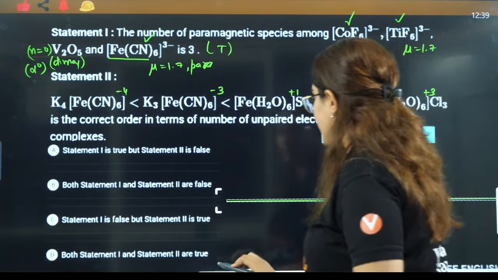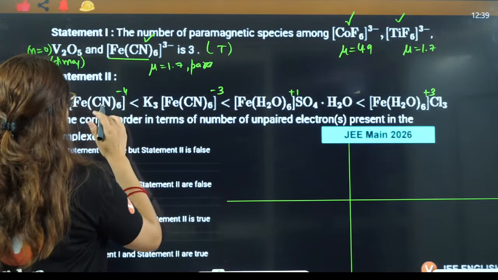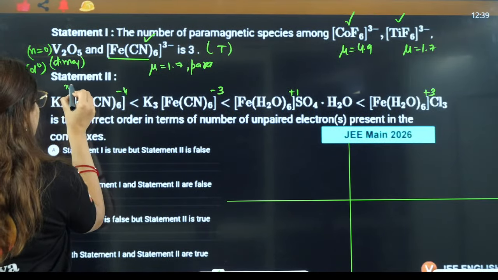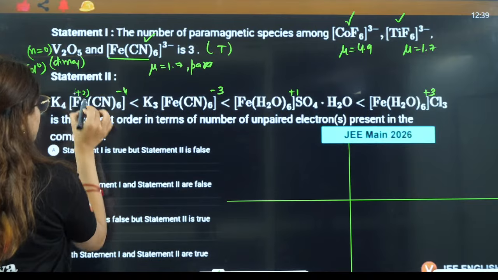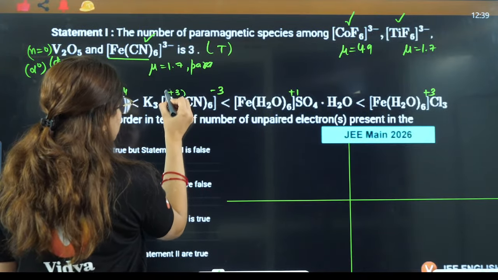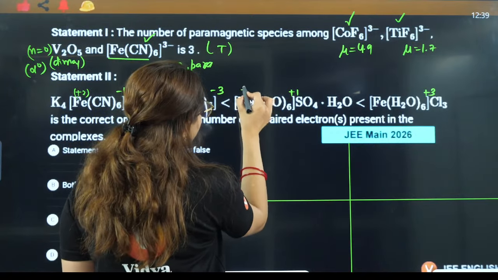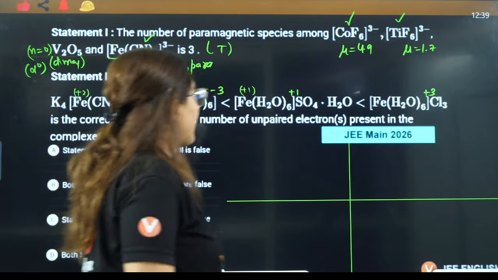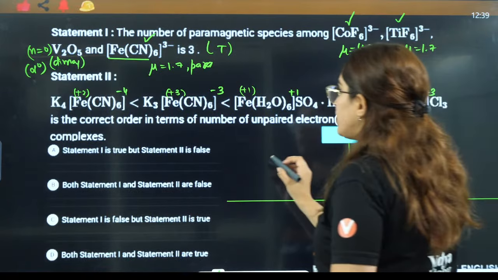Let's see the unpaired electrons. If you see this one, here x minus 6 is equal to minus 4, that means it is in plus 2 oxidation state. This is x minus 6, this will be in plus 3 oxidation state. This is 0 only, this will be in plus 1 oxidation state. And here this will be in plus 3 oxidation state. So you are calculating iron only.